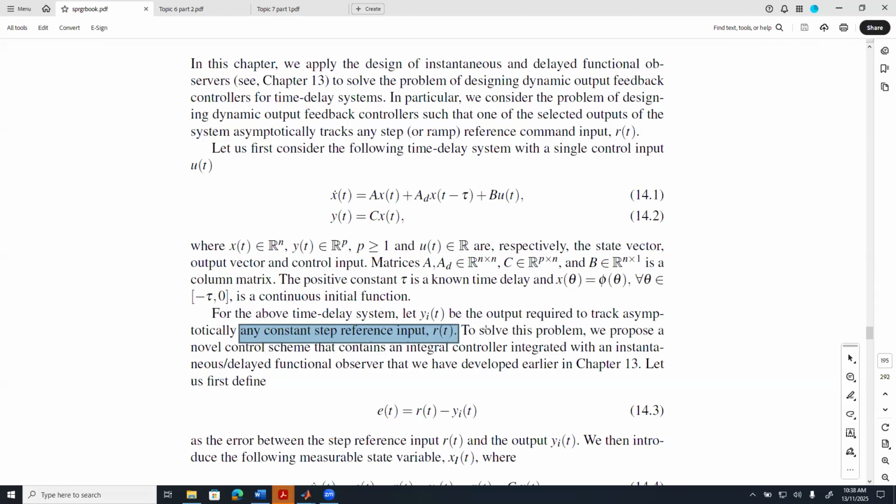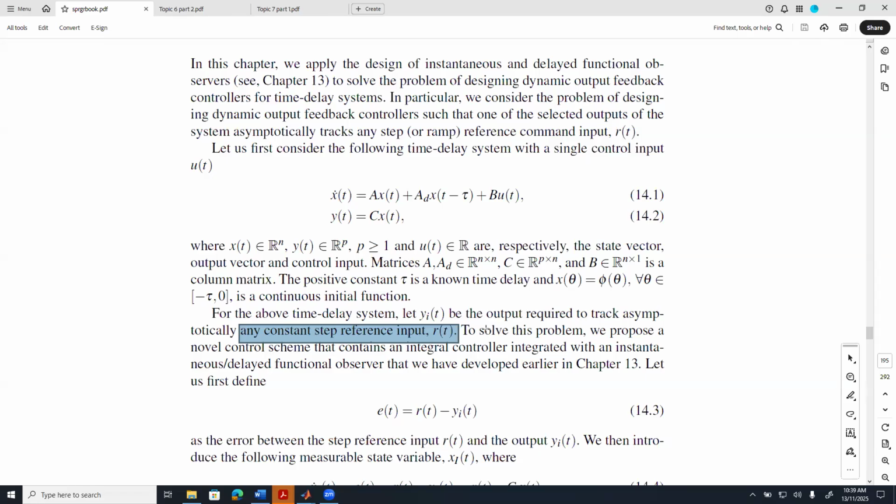We want to control a certain variable and track a certain command reference input, for example in power engineering and so on. You might recall that to achieve this, an integral controller is required if the system is not a type 1 system. It's classical control stuff.